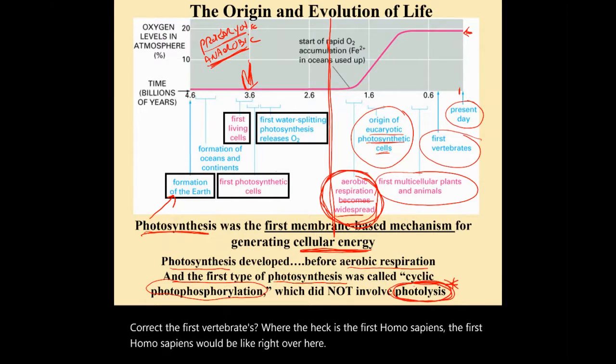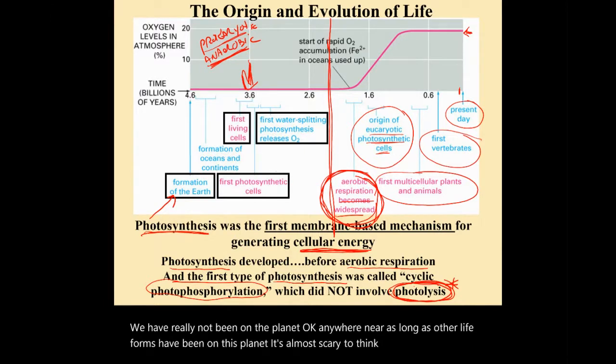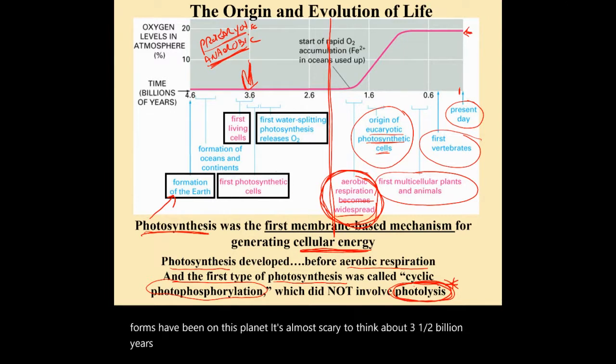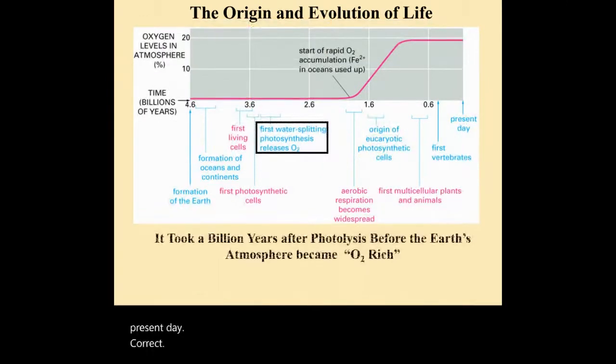We have really not been on the planet anywhere near as long as other life forms. It's almost scary to think about what life was like 3.5 billion years ago, what very early life was like, when humans are right there, right next to where that arrow says present day. Correct? All right.